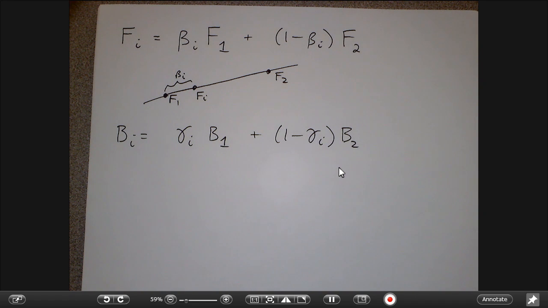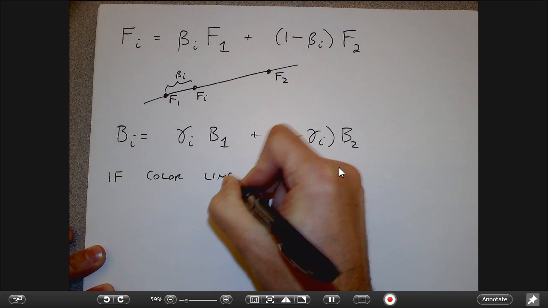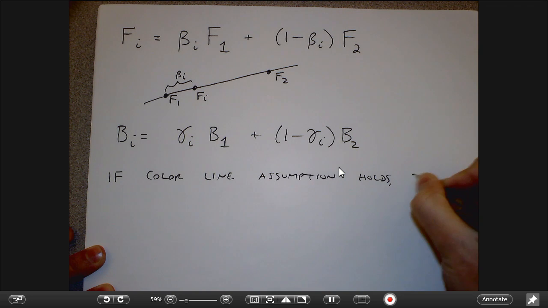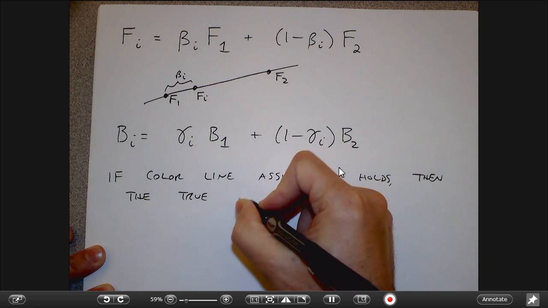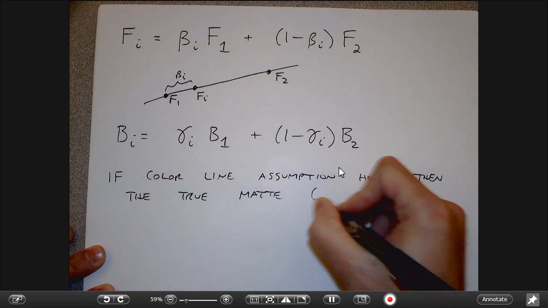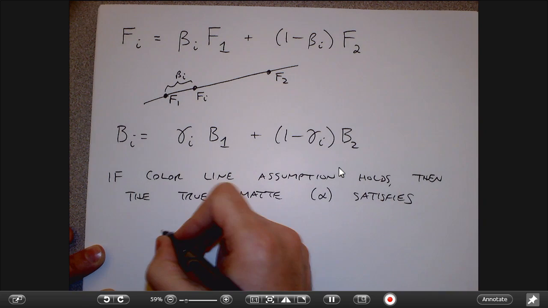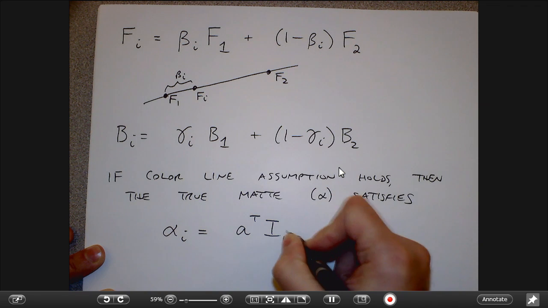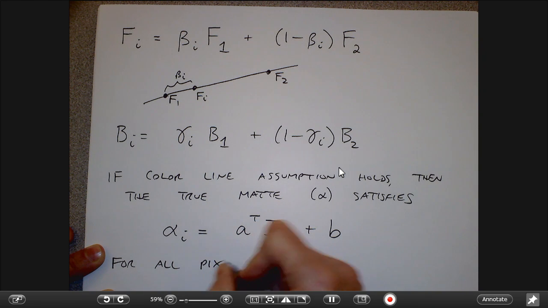Okay. So one really interesting observation was that if the color line assumption holds, then the true matte alpha satisfies alpha I equals... So what does this mean?